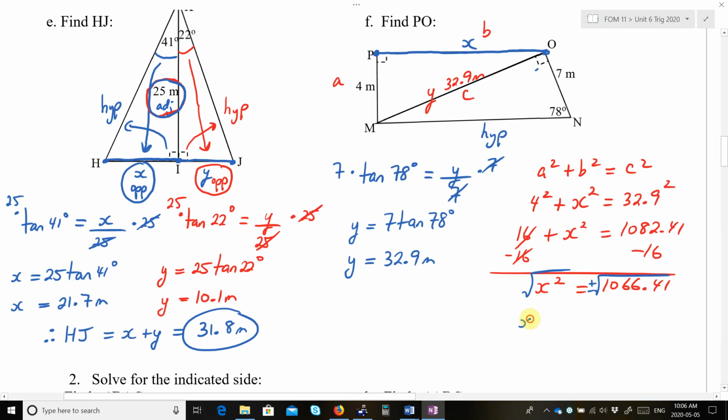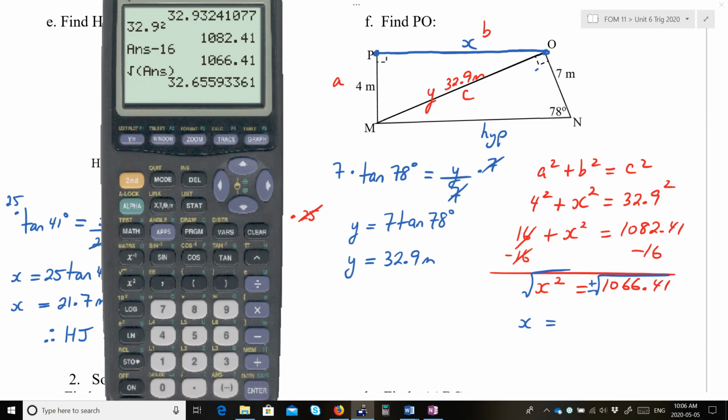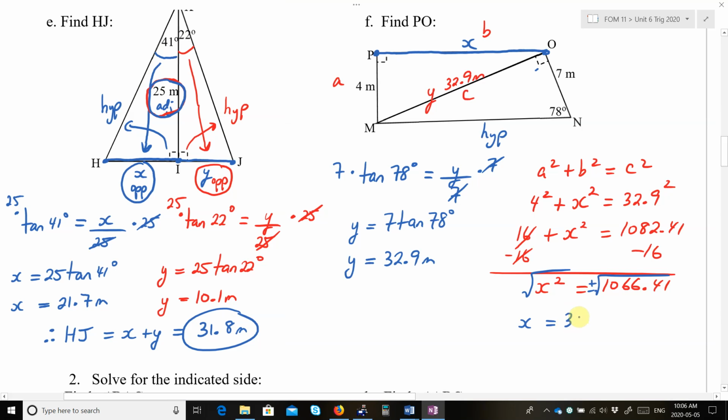Square root of x squared is x. We're going to take just the positive answer, and I'm going to go the square root of that. Bang, 32.7. That's going to be meters.